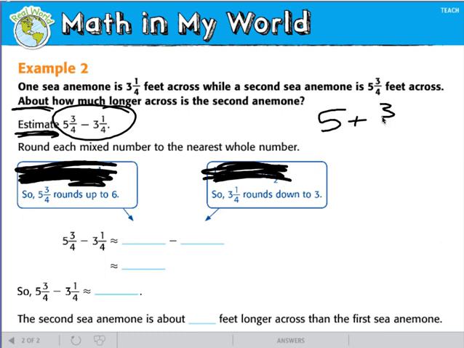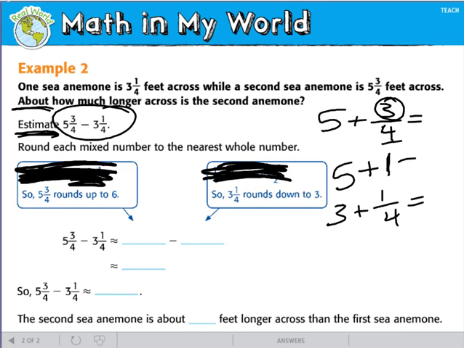We're going 5 plus 3/4. We're also going 3 plus 1/4. Okay? So, is my 3 closer to 0 or 4? 4. So it rounds to 4.